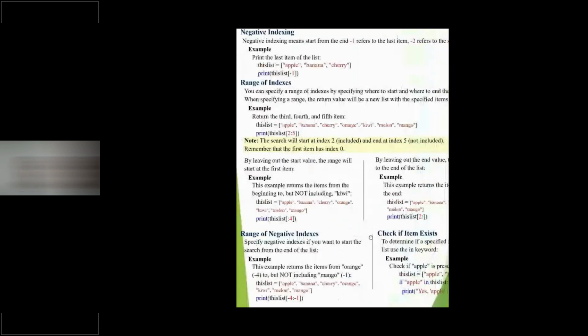As apple is available in the fruits list, this is the output. If it is not present, you get nothing, just an empty statement. You can also use the not in operator.